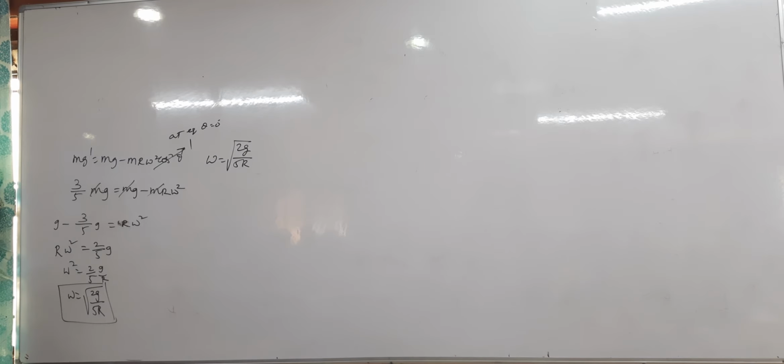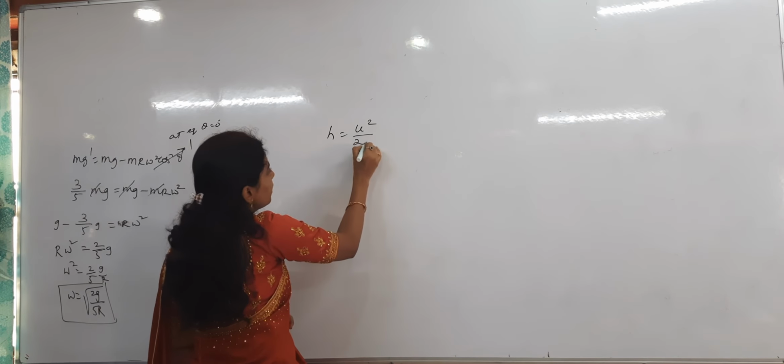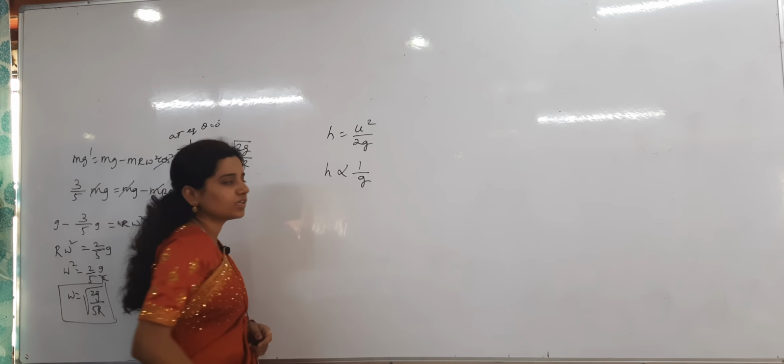Not yet done. H is equals to how much? 3 meters you will get. So always height, what is the formula you will get? H is equals to U square by 2G. Then directly what I can write? H is inversely proportional to G only.